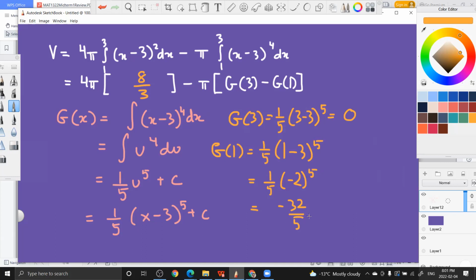Yep, that is correct. Now, what is G(3) minus G(1)? We determined G(3) is 0, and G(1) is negative 32 over 5. So 0 minus negative 32 over 5 gives you positive 32 over 5.